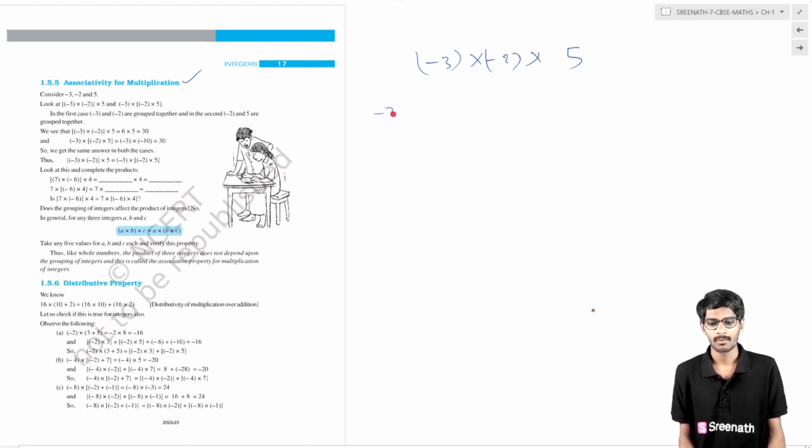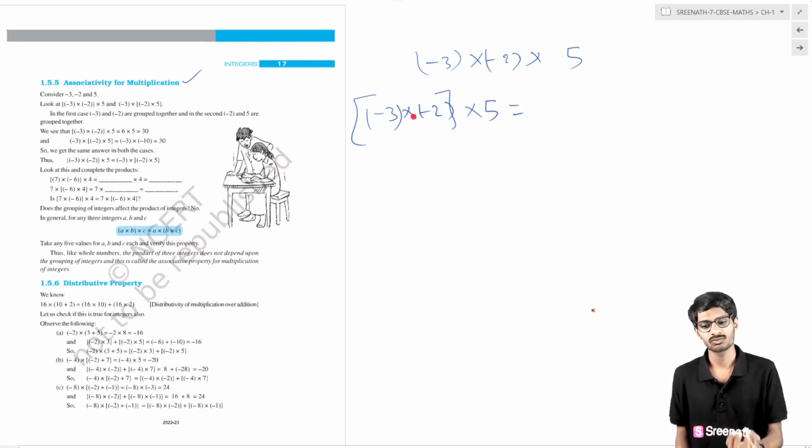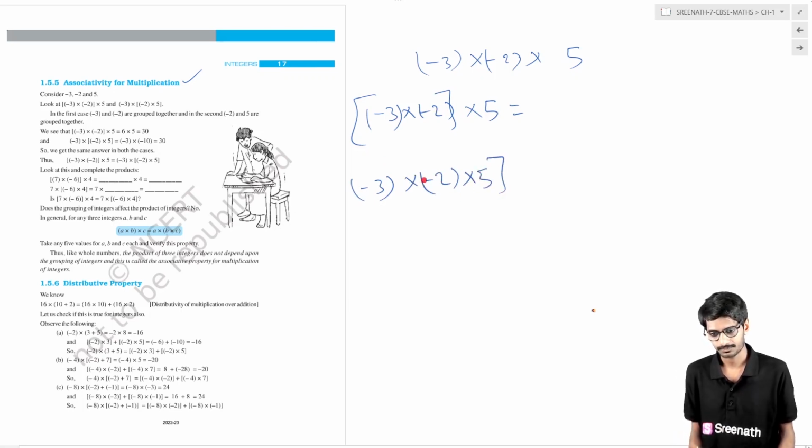First, minus 3 into minus 2, we put a bracket around these two integers, and then 5. We first work on these two integers, and after we get the product, we multiply that product with 5. The next process is to put the bracket between the next two numbers.